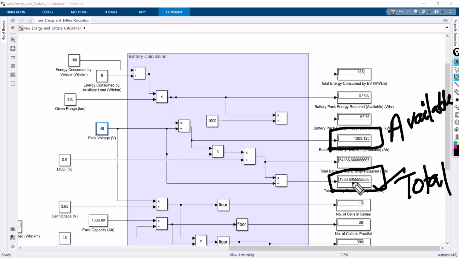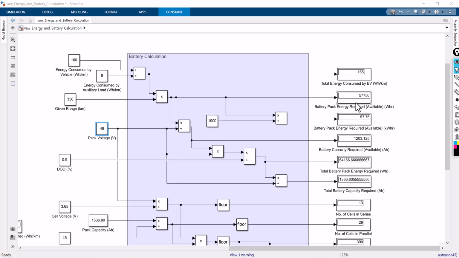Because if you look at this total capacity, it's coming around 1366 ampere hour, and you can use only 90 percent of it. 90 percent of 1366.80 is 1203.125. Remember, this is very important. Don't confuse. You can use only 90 percent of the total battery pack. That 90 percent is called the available battery pack.